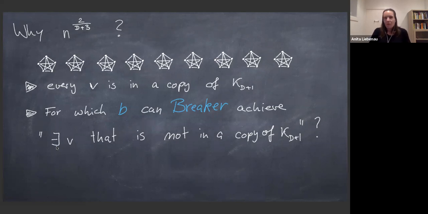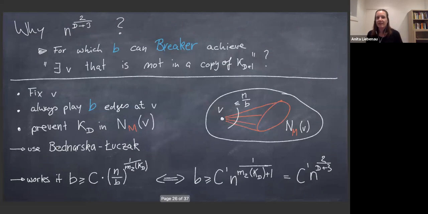And what can we do? Well, we fix a vertex v, and then Breaker's strategy will be to just play edges incident at v. And so at the end of the game, Maker's degree of this vertex will definitely be at most n over b. Okay?